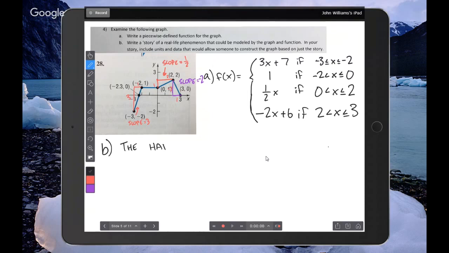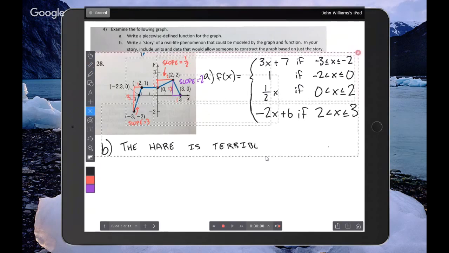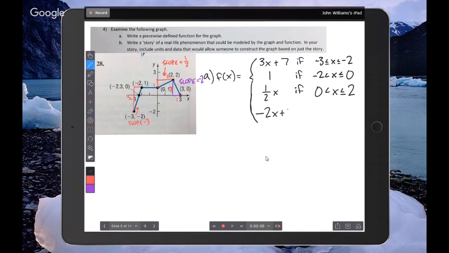The hair is terrible. Ooh, I'm going to type. I'll be faster at typing. Oh, lost some. Plus 6 if 2 less than x less than or equal to 3. And here we go.